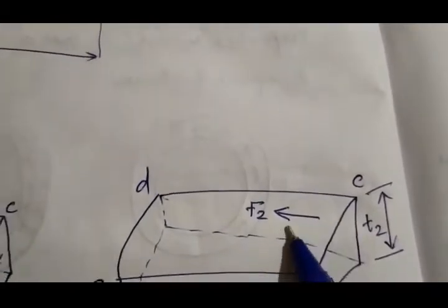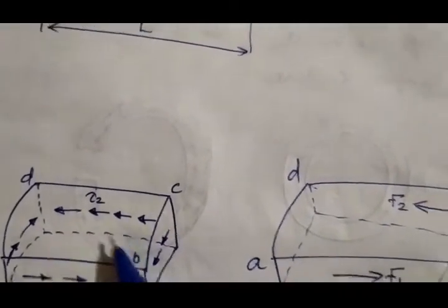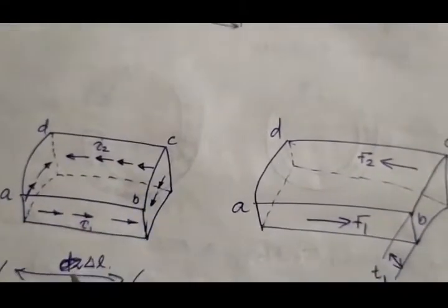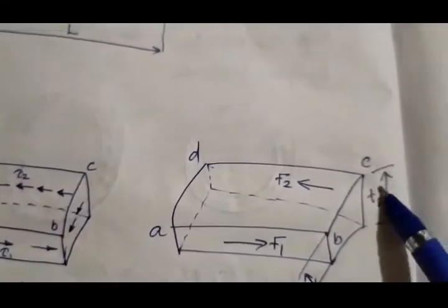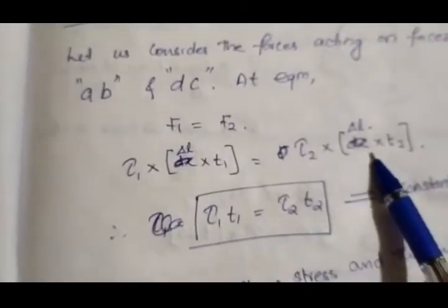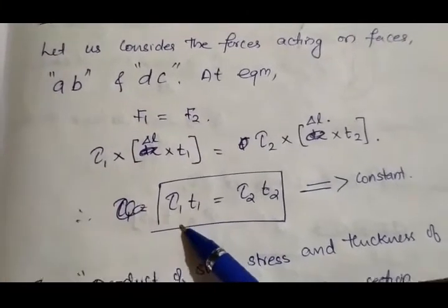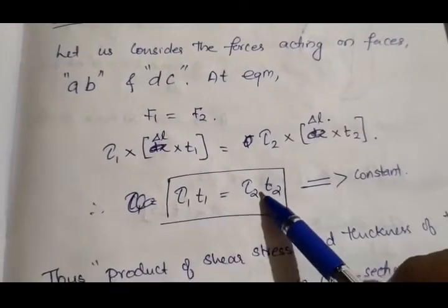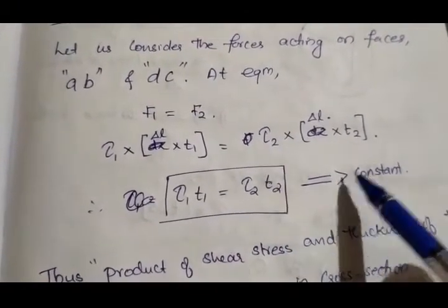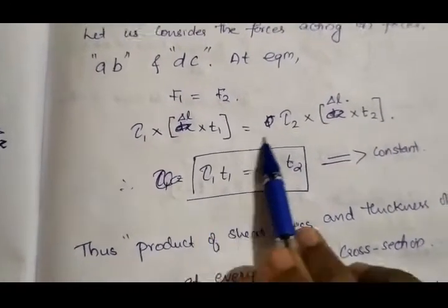F2 is this face, so the shear stress on that face is tau 2, and the length is delta L itself, thickness is T2. I think you got this equation. From that, delta L cancels, and you will get tau 1 T1 is equal to tau 2 T2, which is a constant.